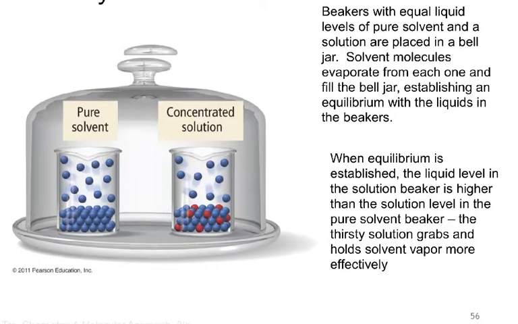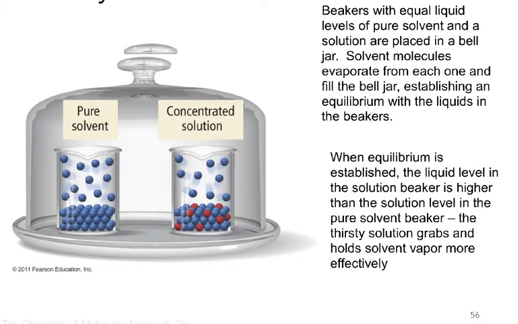Another way to look at it is if you put two equal volumes of liquid, one that is pure solvent and one that is a solution that has a different solute in it and the same solvent. What's going to happen is the solvent will evaporate from the pure, and it's going to go over and condense in the solution.